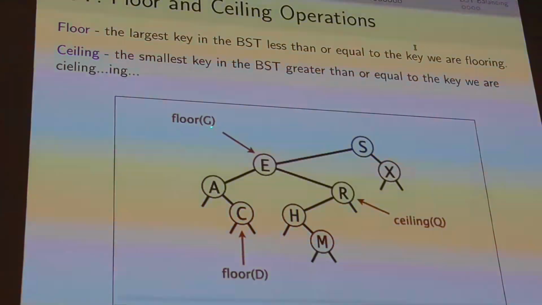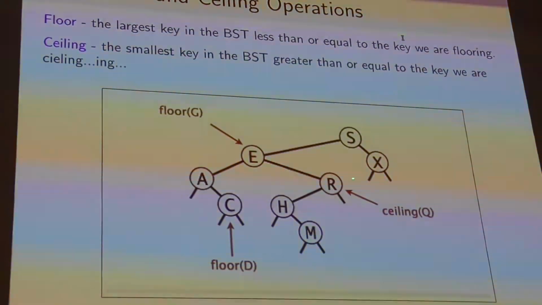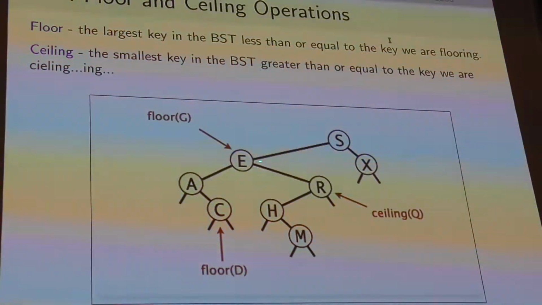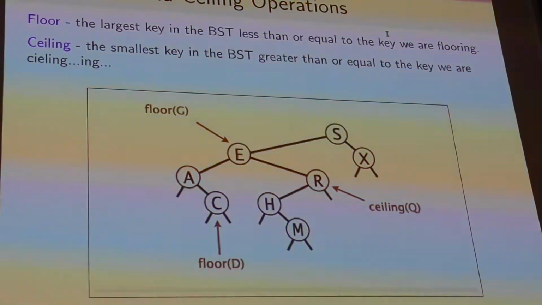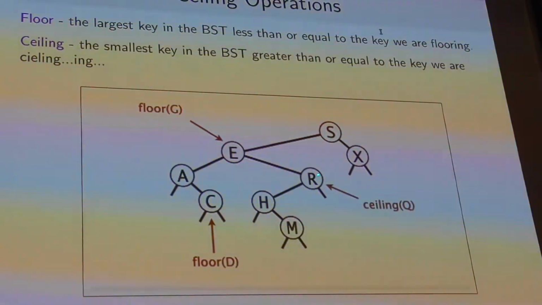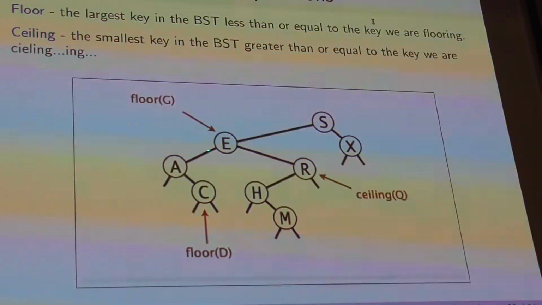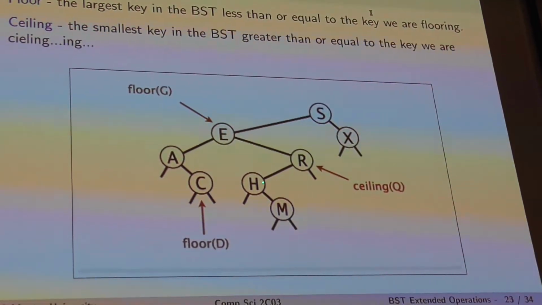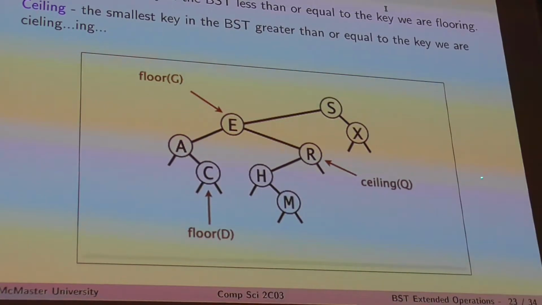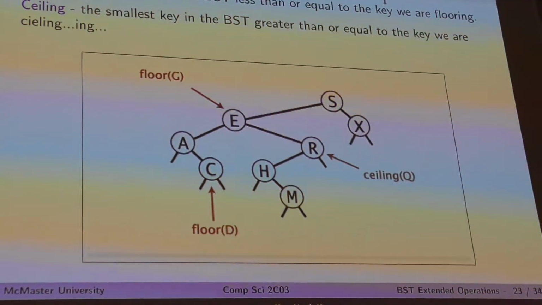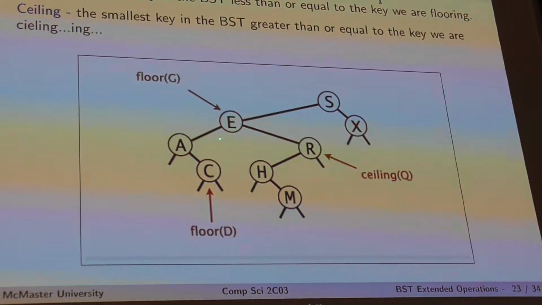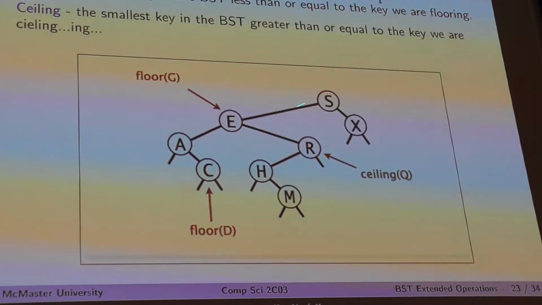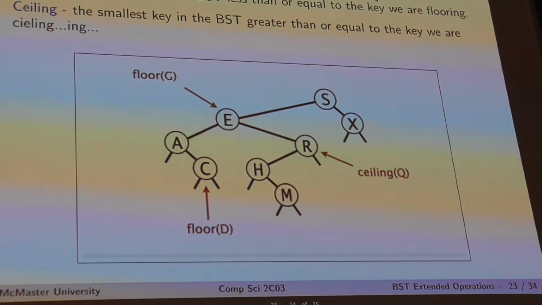E is less than G. R is greater than G though, so this will be the floor. You hit a child node which is greater than the thing you're looking for, so you keep the parent of that child, and that's your floor. And then ceiling will be the exact opposite operation.